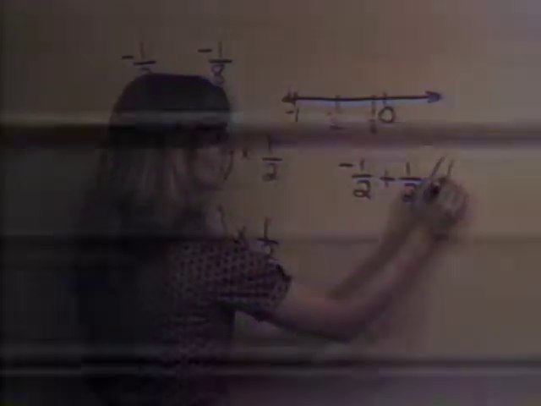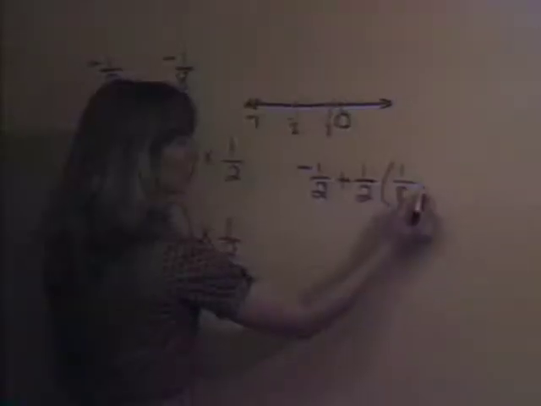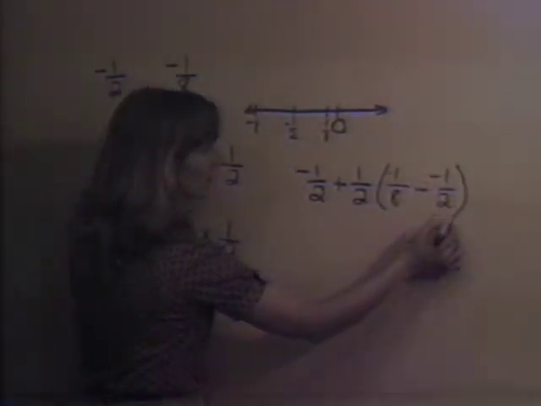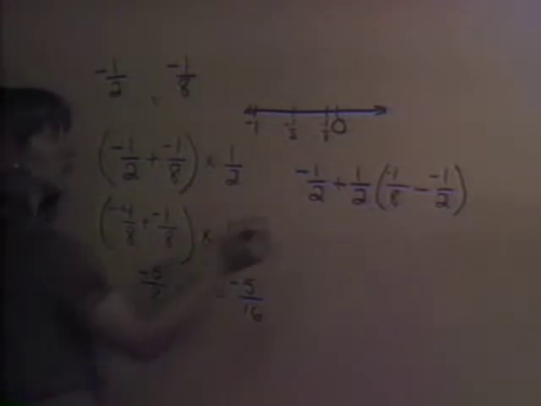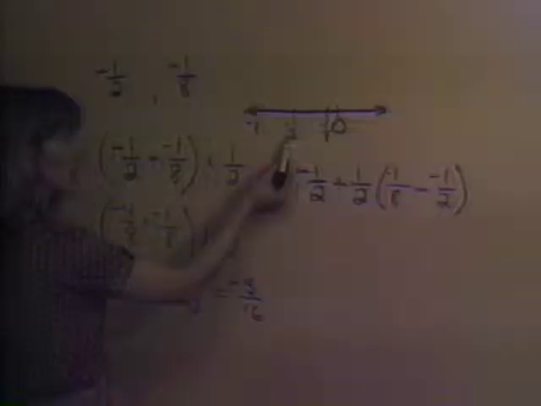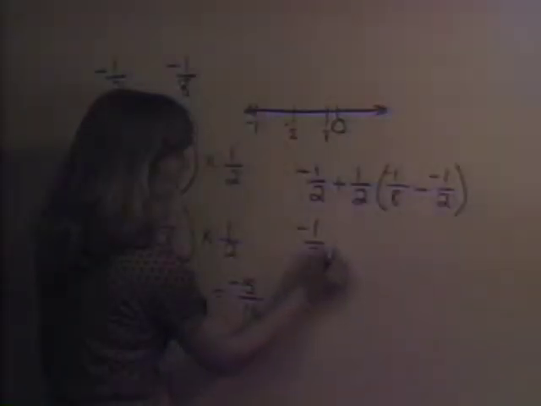Now the difference is when you take the largest, the -1/8, and subtract the smallest, the -1/2. Now we're going to have to be careful here because we have minus and negative, and we'll have to be careful with our signs. Once again, we took the smallest, that was the -1/2, and we added half the difference, -1/8 minus -1/2.